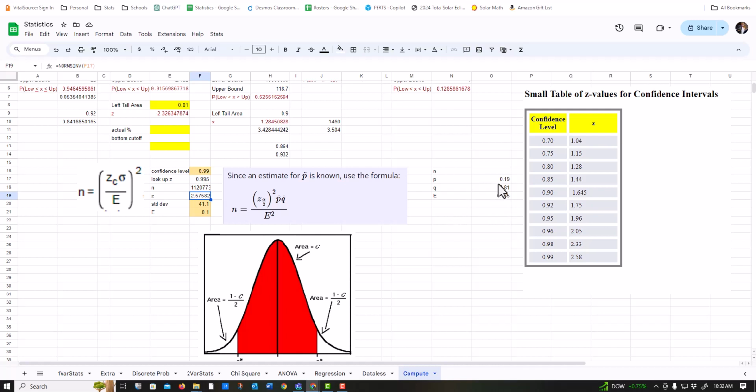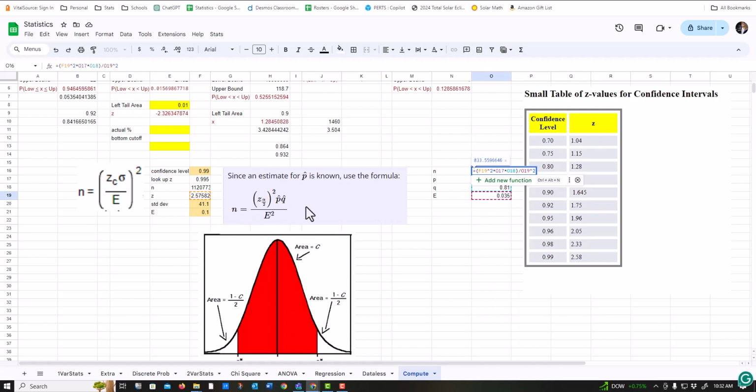So what I can do then is look at my formula here now, and I am going to put the top all in parentheses. So I take my Z value, I square it, times my P times my Q, and I close the top, and then I divide by my E squared.